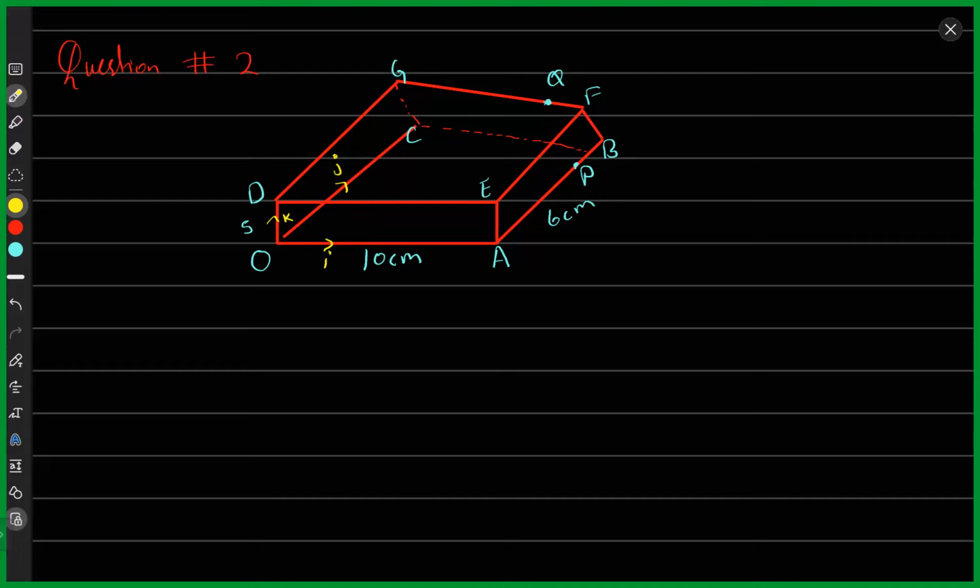The point P is the midpoint of AB. And Q lies on GF such that GQ is equal to 4 times QF.